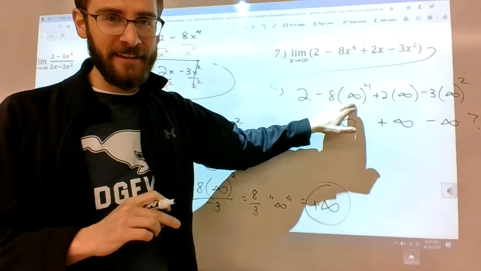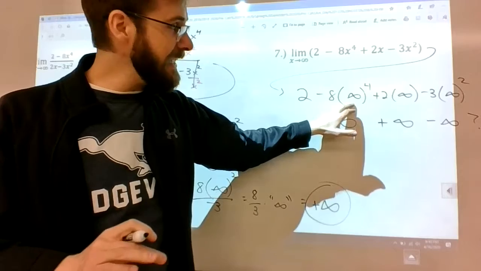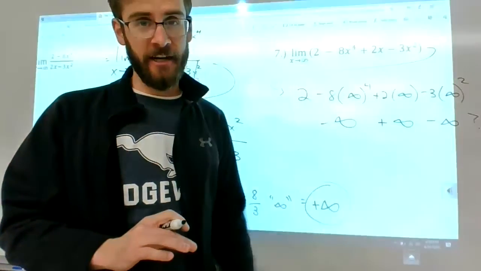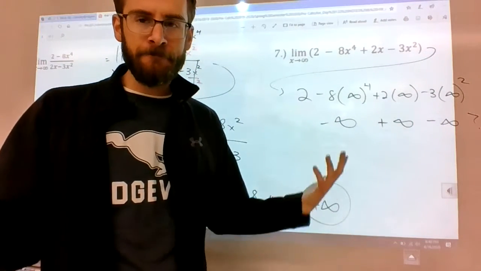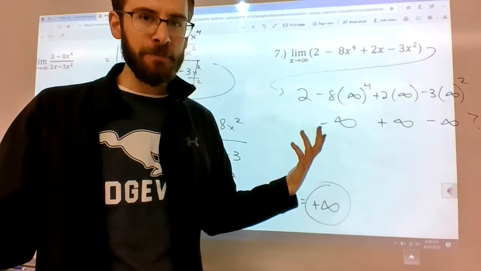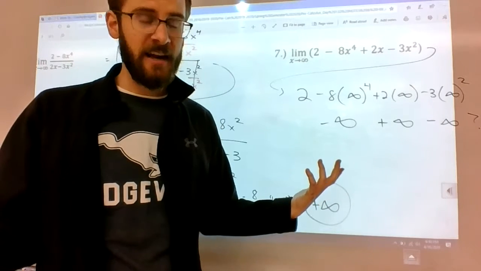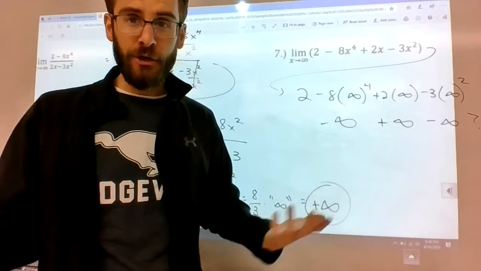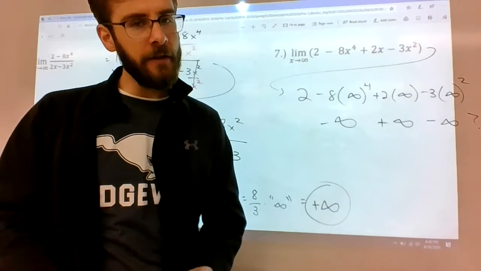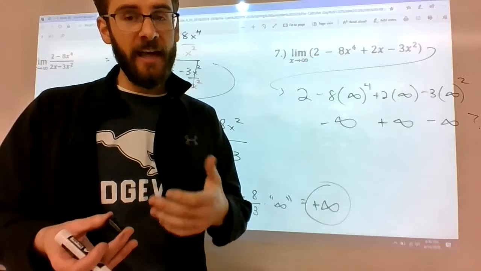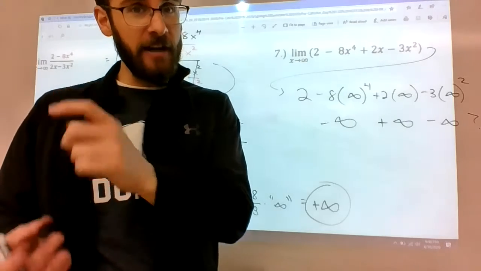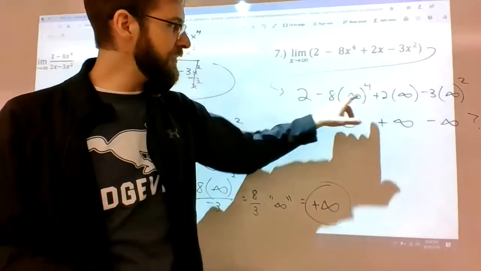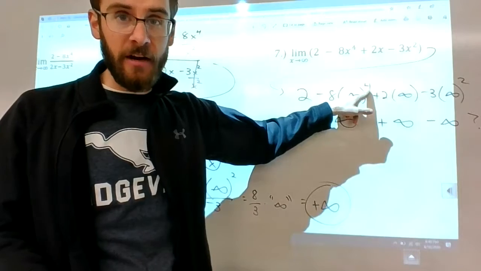This infinity is getting wildly bigger than that infinity. By that I mean, just think about it. If you take 1 billion to the 4th power times -8, then you take 2 times 1 billion. Now the 2 times 1 billion, 2 billion, when that number inside the billion gets bigger, it's approaching infinity. Yeah, sure. But this one that's taken to the 4th power is getting there infinitely quicker.